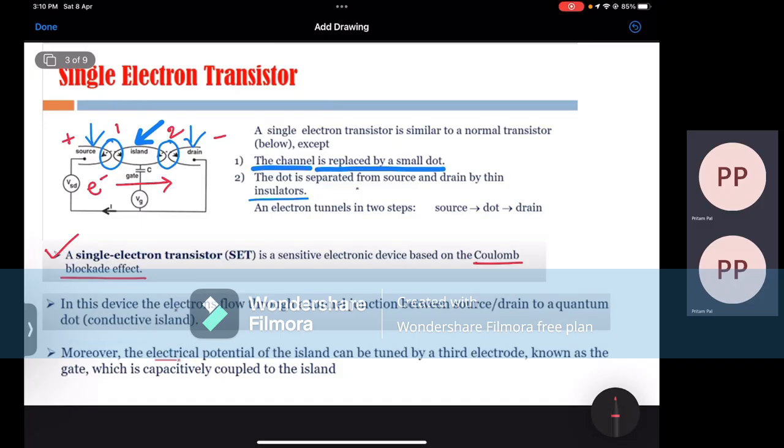So you can say even the movement of the carriers is controlled at the electron level, right? So the electron here flows through a tunnel junction between the source and drain to a quantum dot, which is a conductive island basically, right?